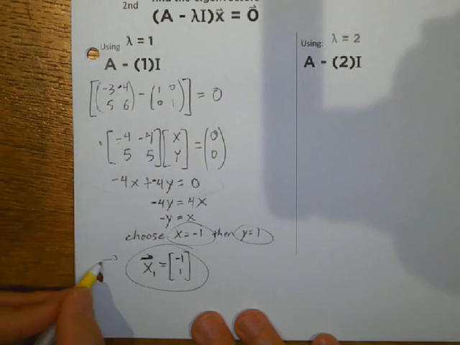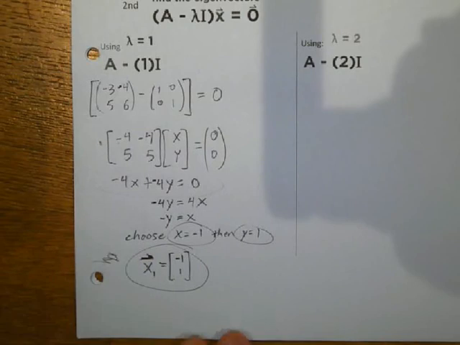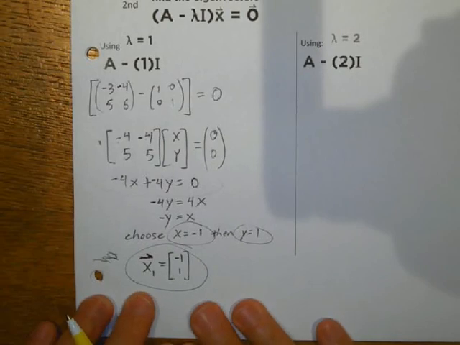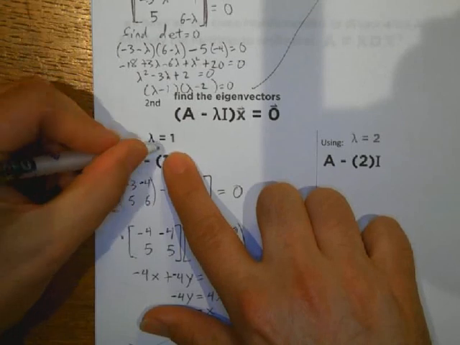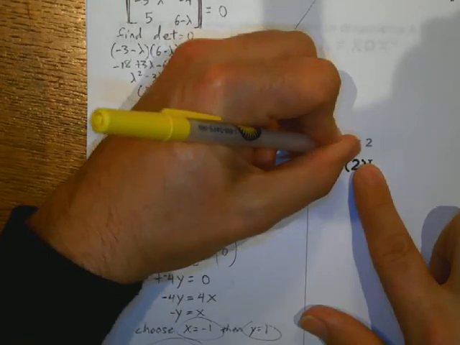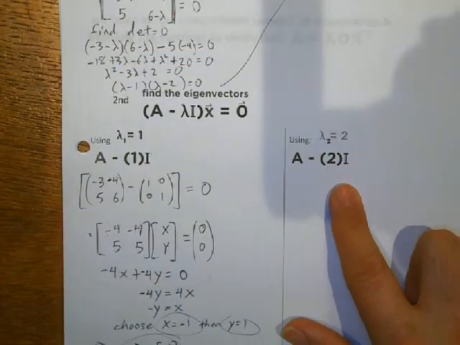Just be careful with your arrow. I'm not going to say who did that, to protect the innocent. Okay, so I've got this vector that goes with eigenvalue 1.